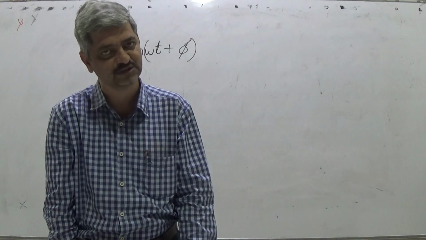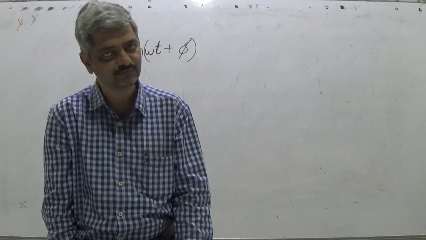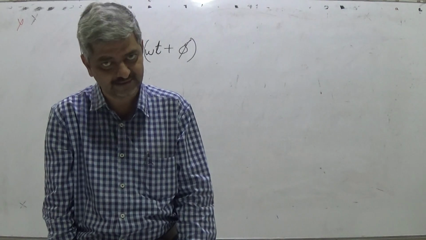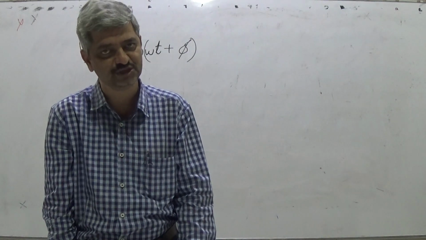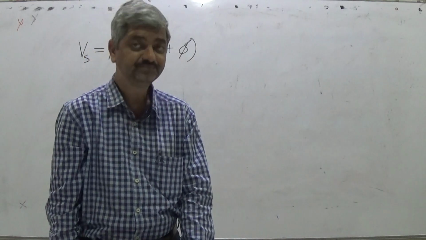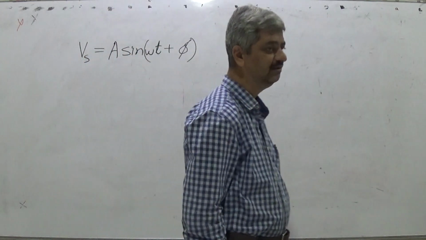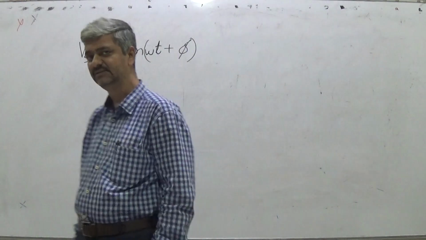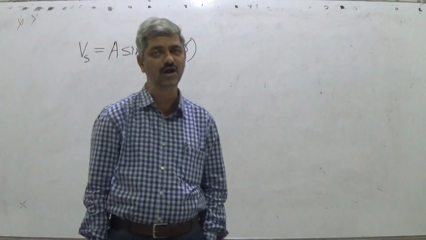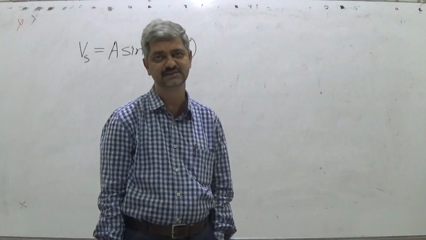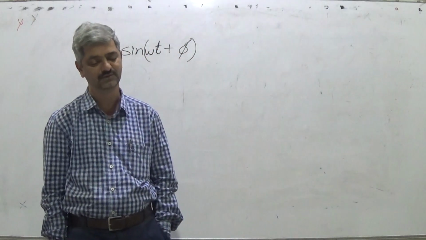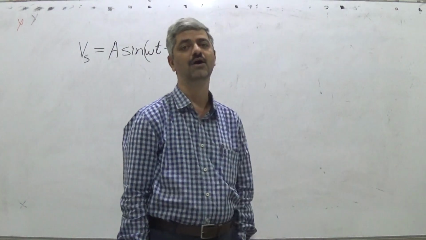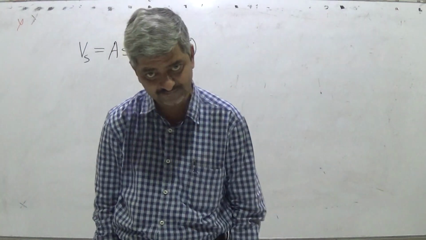So when we have a circuit consisting of any R, any L or any C, or any combination of these, and we apply a sinusoidal voltage to that circuit, then currents in all branches and voltages between any two points in the entire circuit are sinusoidal in nature.